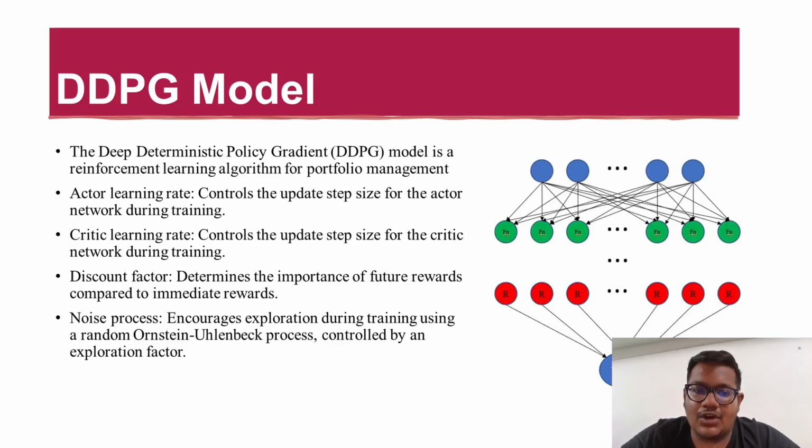Now let's see the batch size, which determines the number of samples used to update the neural network weights during the training, and the replay buffer, used to store the experiences during the training and sample batches of the experiences randomly to reduce the variance. By tuning these parameters, DDPG can achieve higher returns while effectively managing the risk in portfolio management systems.